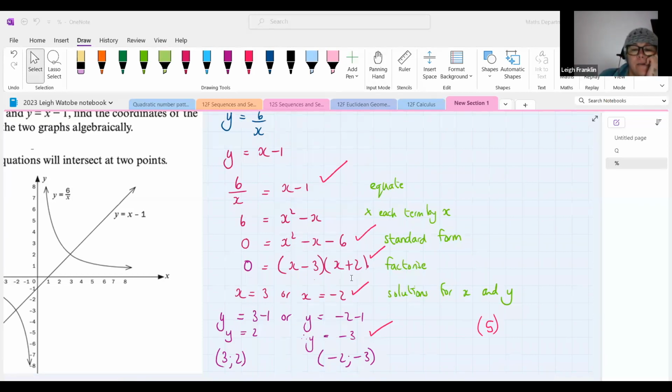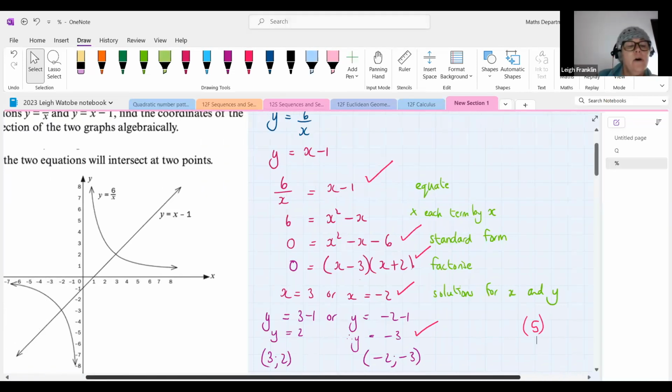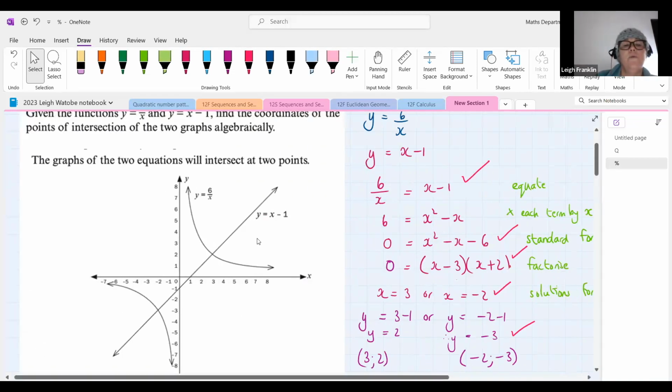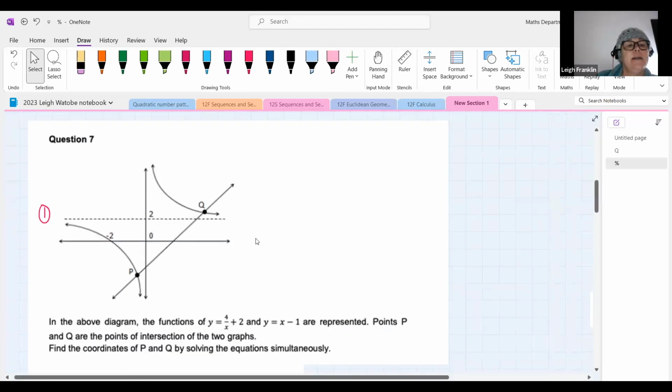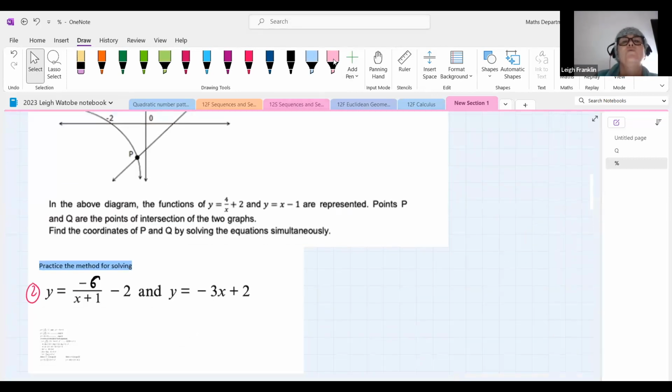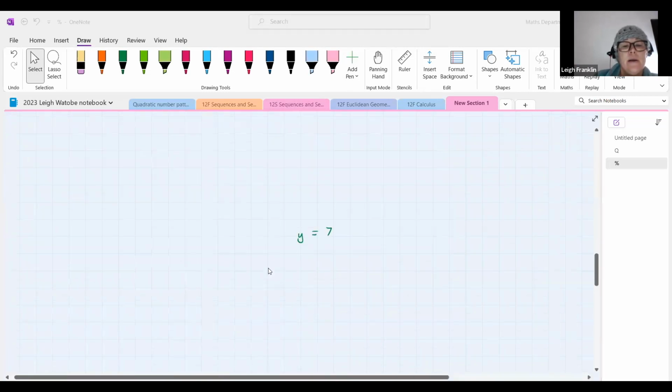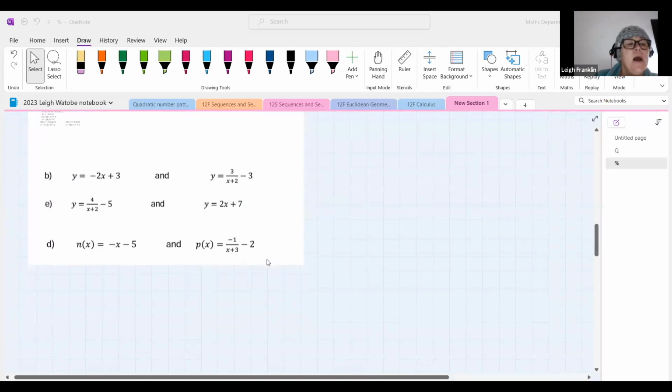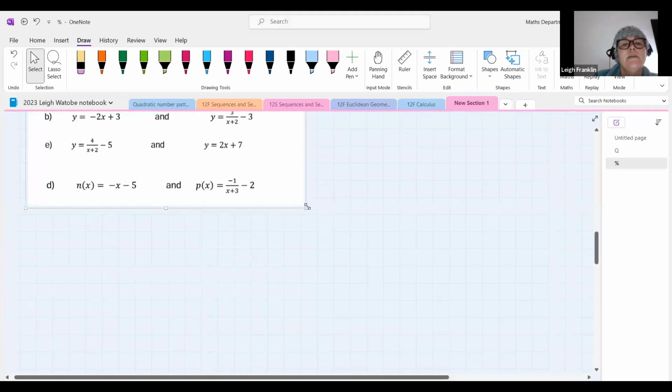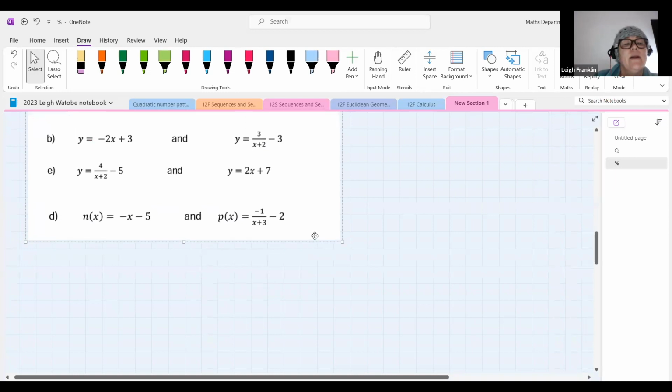All right, cool. So let's go on and do an example of one that is a little bit more difficult. I'll come back and let you guys try that one. This is the one that I want us to have a look at quickly.